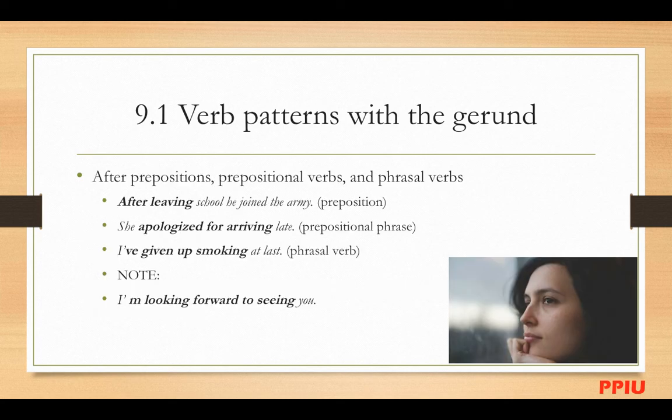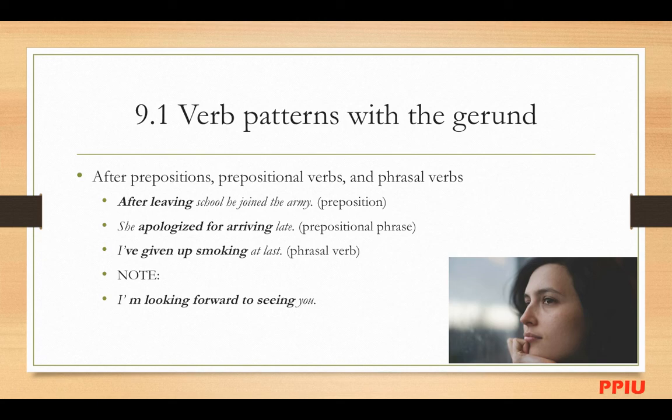And you can see some more examples of verb patterns with gerund too. Here we use verb plus ing, or we call it gerund, after a preposition or prepositional phrase or phrasal verb.